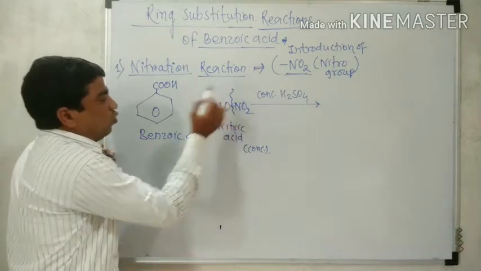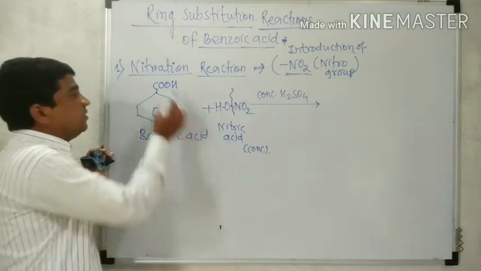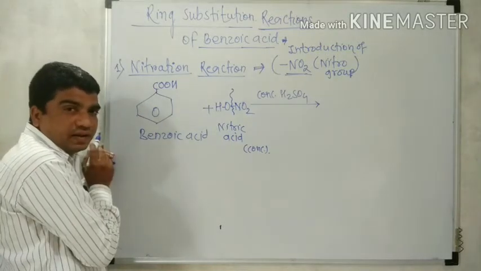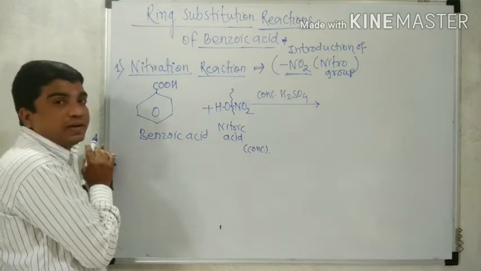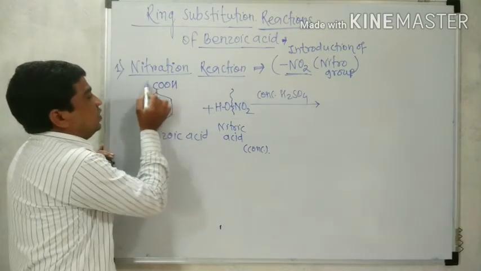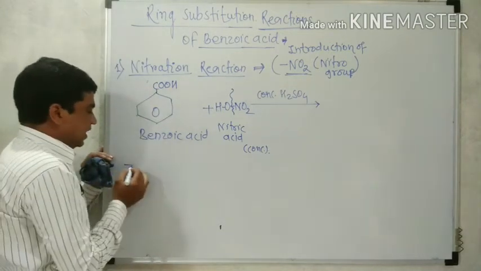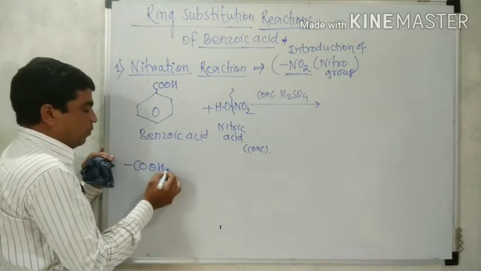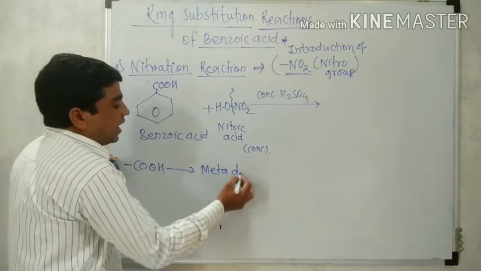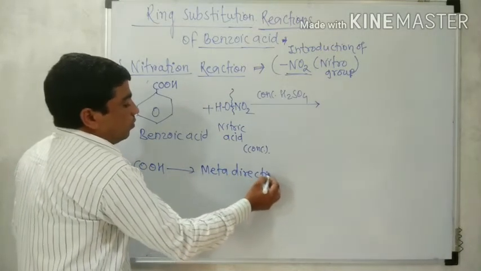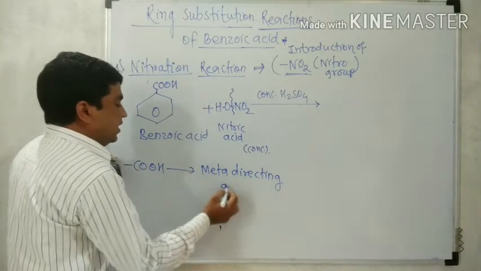So the nitro group replaces a hydrogen atom of benzene. But which hydrogen atom undergoes replacement? Because the COOH group of benzoic acid is a meta directing group. Meta directing group.